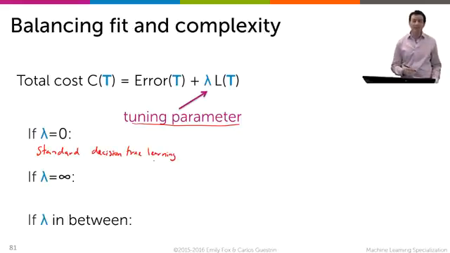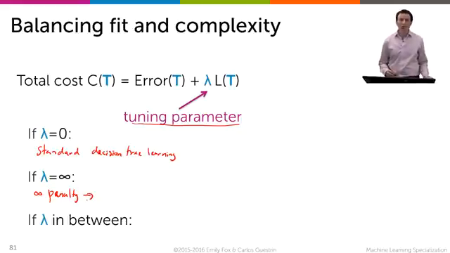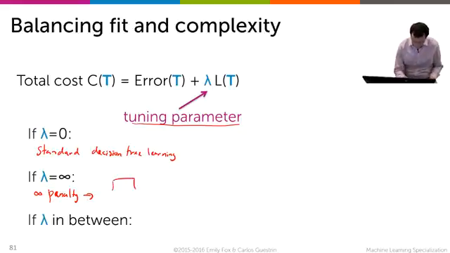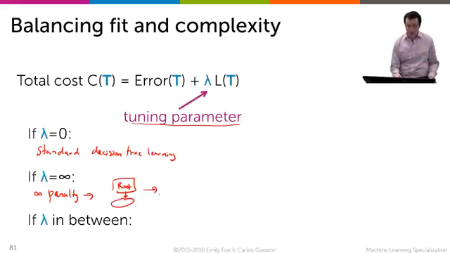When lambda is infinite, we have infinite penalty. So we're going to have infinite penalty, which means we're going to just learn a tree that has no decisions in it. So just the root. So we're going to learn something like this, root, and then a class.